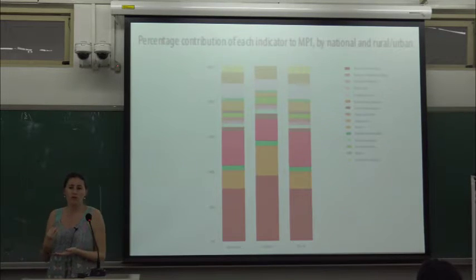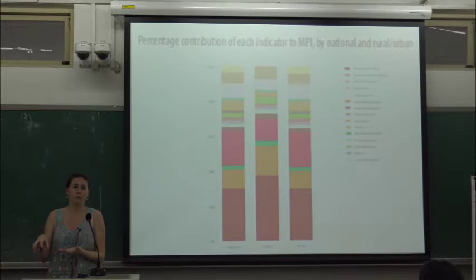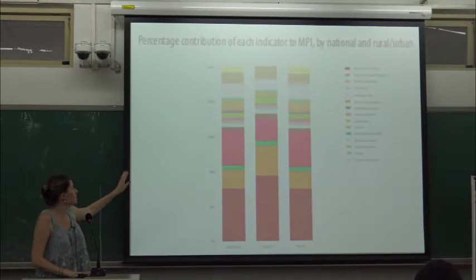At one previous stage of this MPI, when we were still considering how to combine indicators and what would be the best indicators to include in the measure, they had 2 different indicators on years of schooling, one for men and one for women separately. And the one that was really contributing to the MPI was the lack of years of schooling for women. So basically there is such a huge disparity. The proportion of women that haven't completed 5 years of schooling is so large in Pakistan that it's contributing very, very highly to the overall MPI.